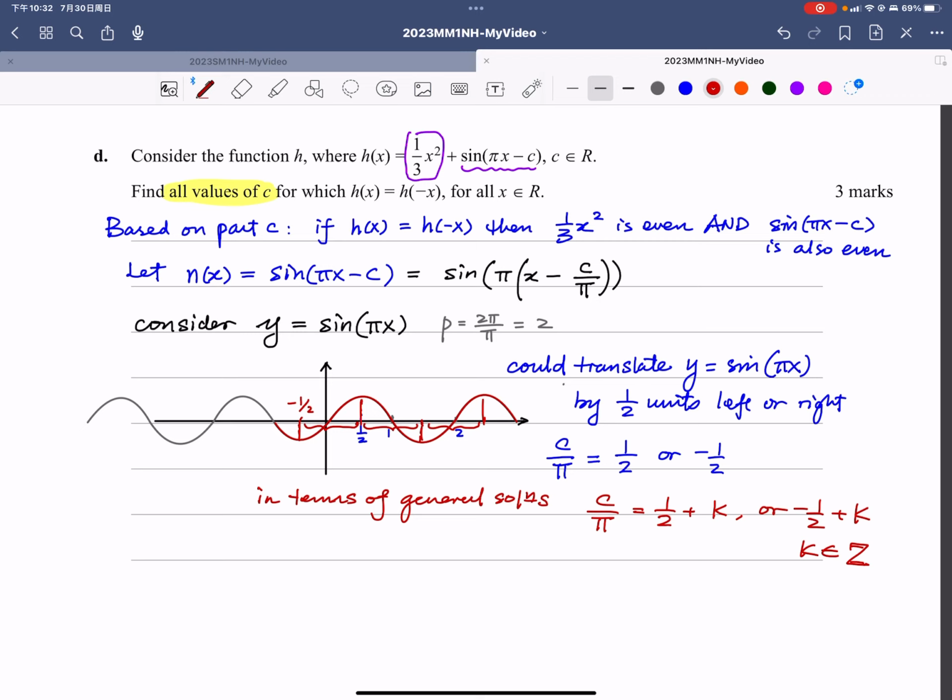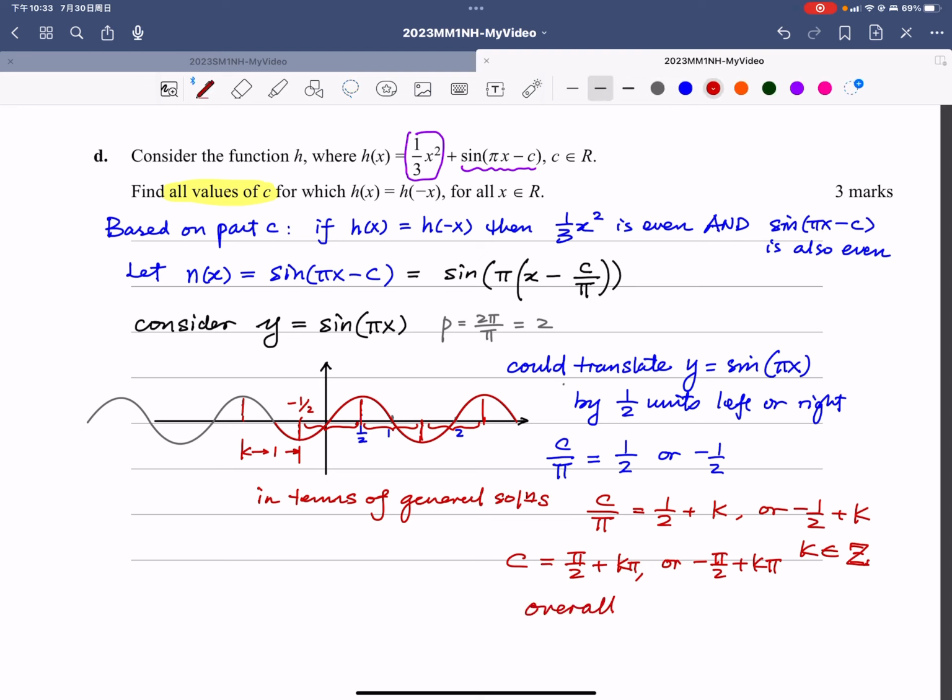It's actually the horizontal distance, half period. So c is half pi plus k pi, or minus half pi plus k pi, multiplying by pi here. If you just write down one solution, that also includes this possibility, so these two expressions are identical to each other.